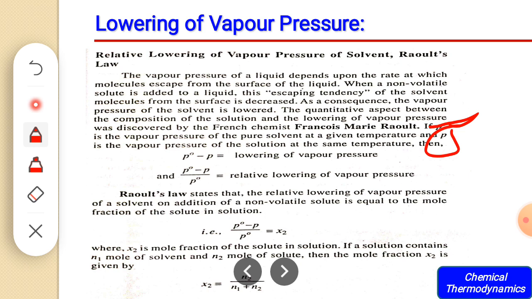Then the difference between the vapor pressure of the pure solvent and that of the solution is known as the lowering of vapor pressure.